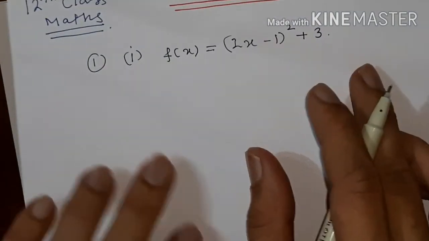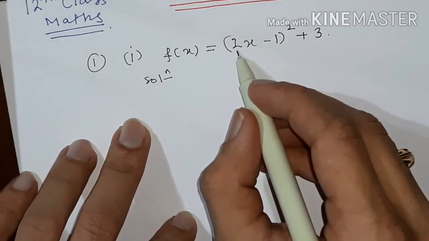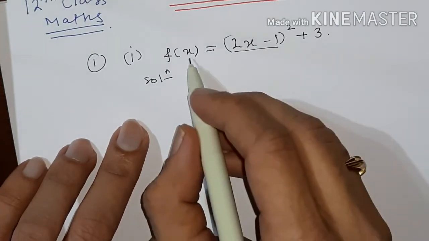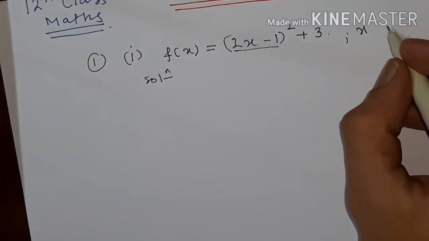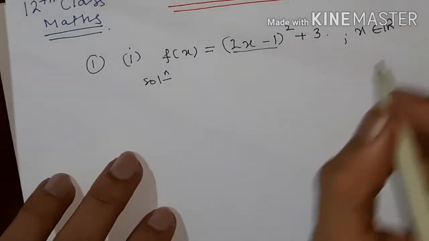Now if you look at this function, you have a square of some quantity here plus 3, right? And x is not given to belong to any domain, so you take it as the set of real numbers only.